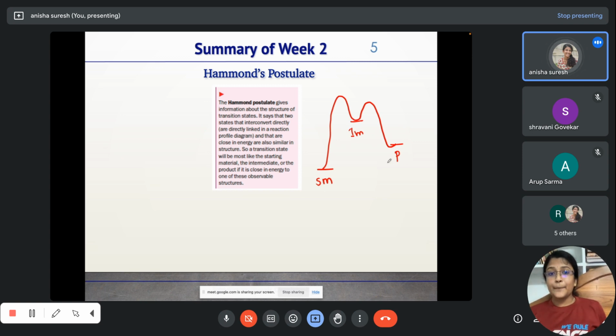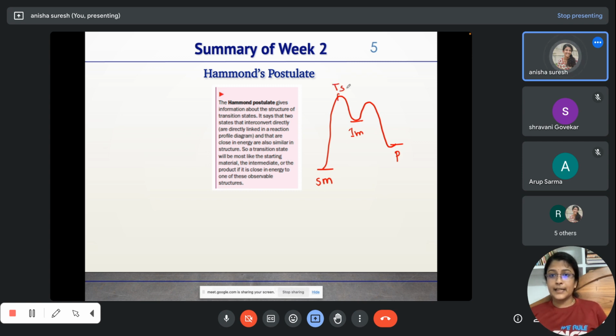So this is what Hammond postulate is stating. A transition state will be most like the starting material, the intermediate or the product, if it is close in energy to one of these observable structures.